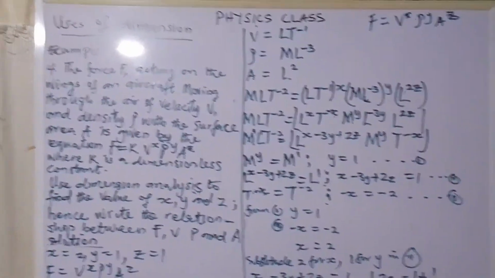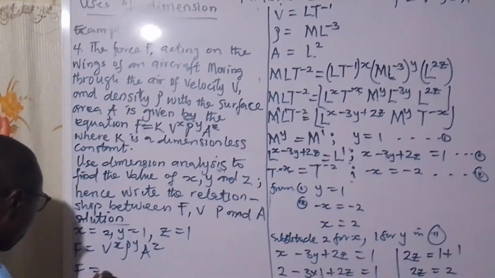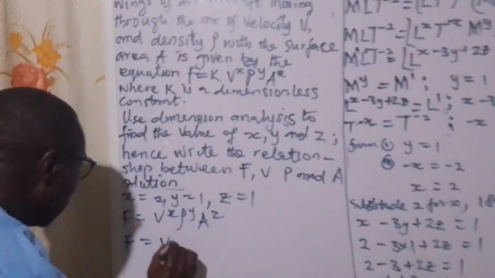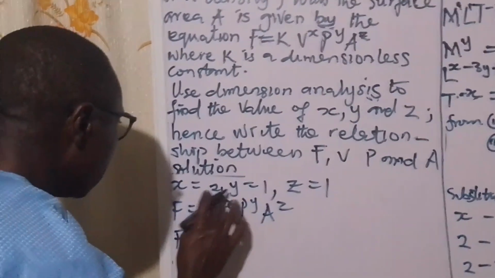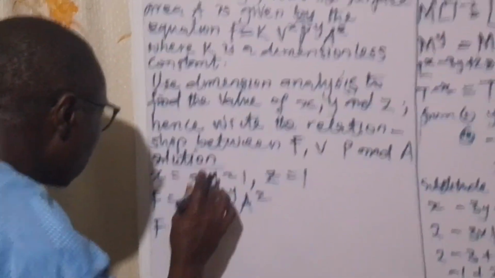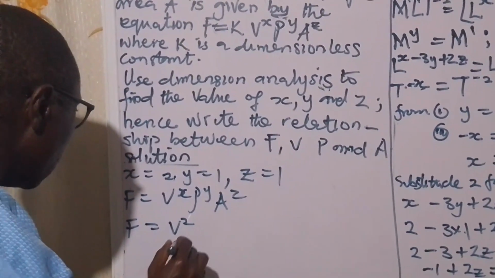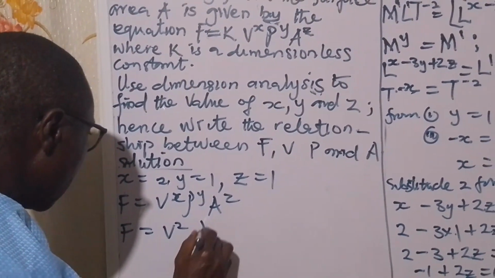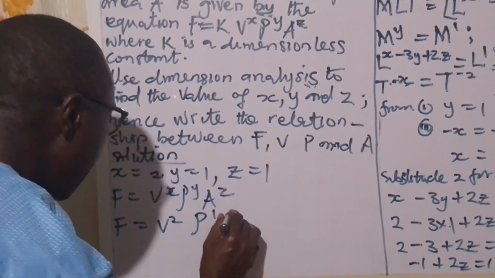So that one will now give us f will be equal to v raised to power 2, density raised to power 1 and area raised to power 1.